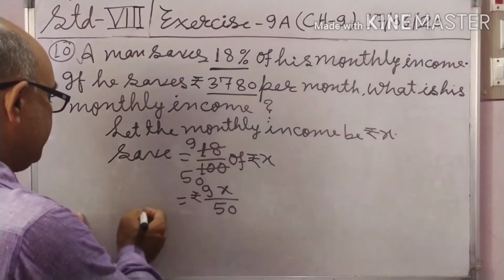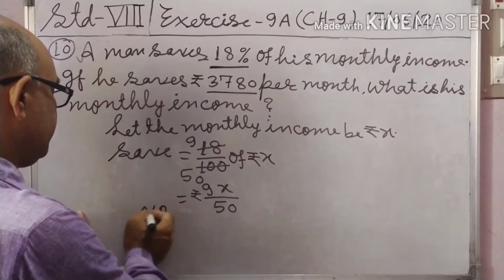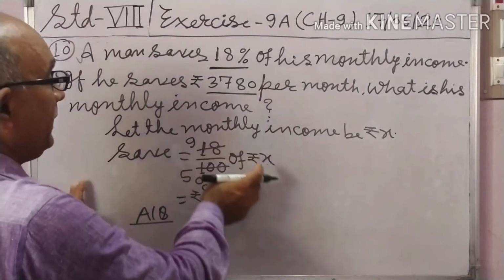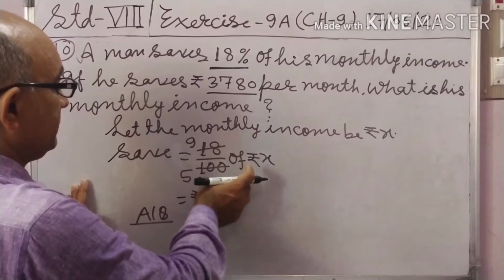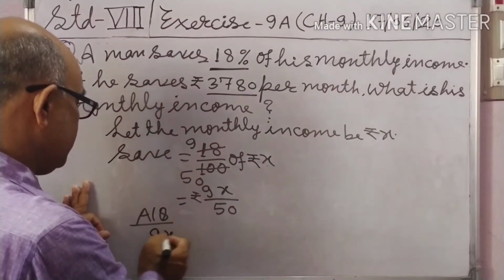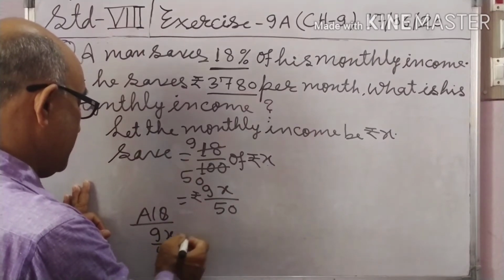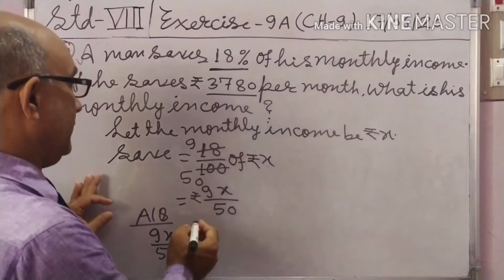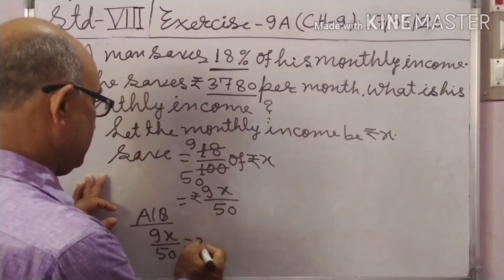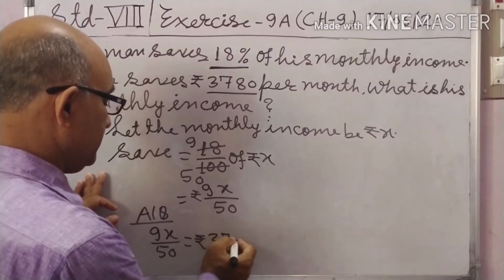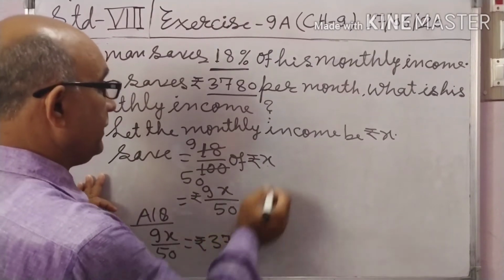According to the question, he saves 9x by 50 equal to rupees 3780.